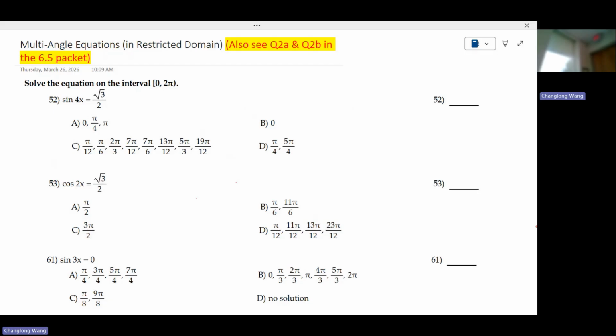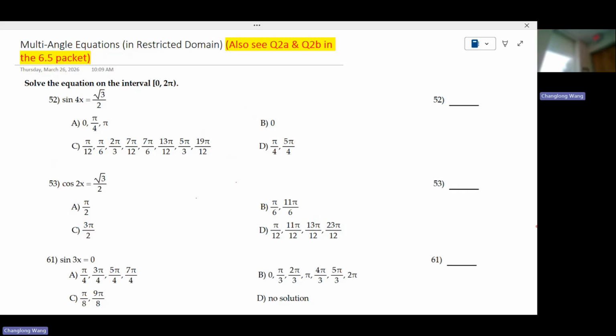Okay, so now, you know what's even better? Just by guessing using that logic, you want to be safe, right? You don't want to look back, you don't have the time for it. So you have a calculator. Why won't you say 52? If I were you, I see 0, so let me take 0 and put it in. Make sure you're in radian mode. Sine 0 is definitely not radical 3 over 2, so A and B are out.